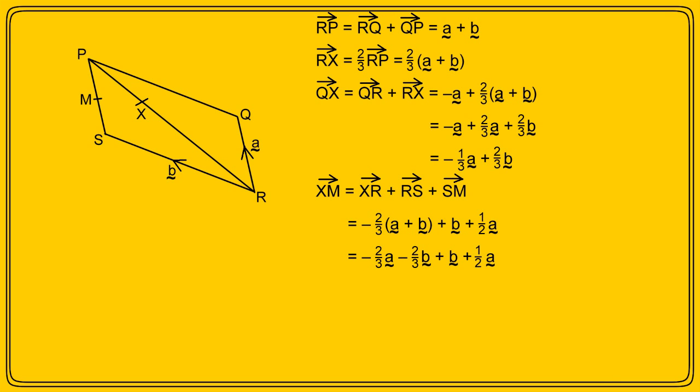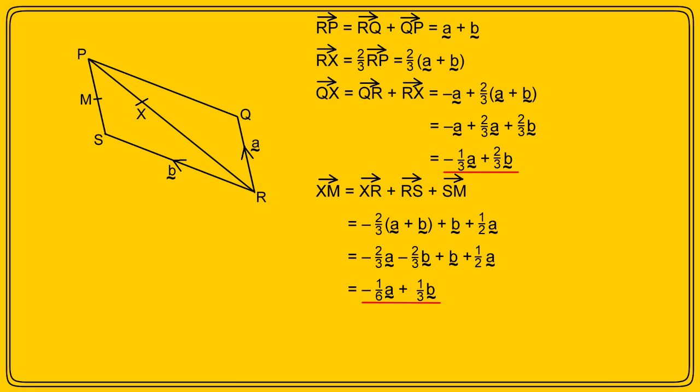Multiplying that bracket out, we get minus 2/3 of a minus 2/3 of b plus a half of a. And again, juggling the fractions, that comes to minus 1/6 of a plus 1/3 of b. Now, comparing this answer with the answer for vector QX, we see that vector QX is exactly twice vector XM.